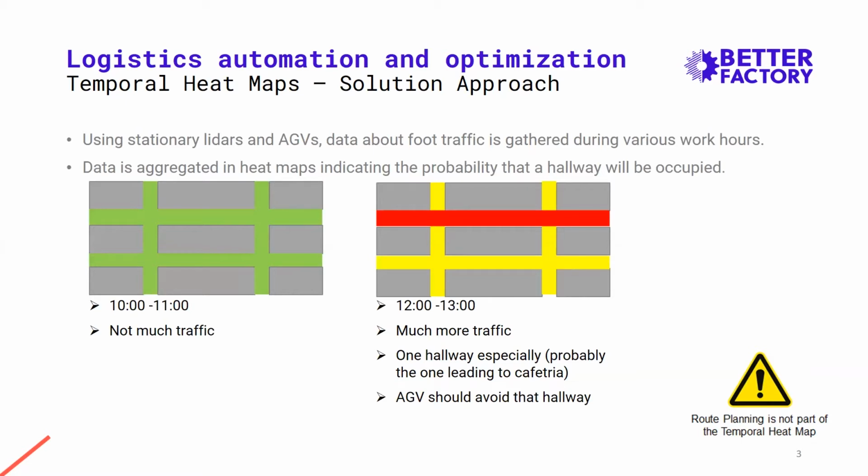Our idea was to put some LiDARs at intersections, collect that data, aggregate it in 1 hour intervals and see which corridors are free at certain time slots in the workday. The AGV can run at high speed there, or where there is a lot of foot traffic, the AGV would actually slow down, so let's avoid routes taking those corridors at that point in time.